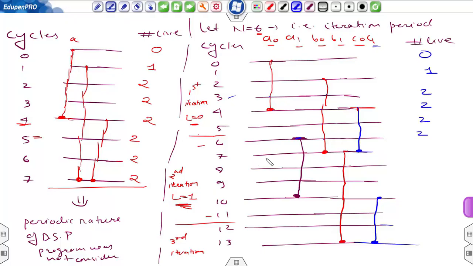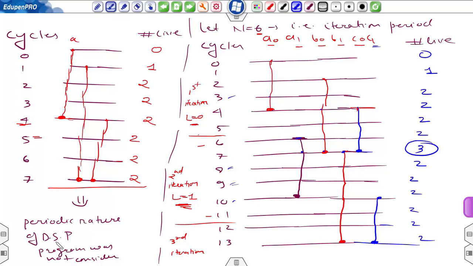During the seventh cycle, A1 is live, B0 is live, we will not consider B1 as it is just produced, and we consider C0, so 3 live variables. At the 8th cycle, 2 live variables, 9th cycle, 2, 10th cycle, 2, and so on, 2, 2, and 2. So now the answer is 3.